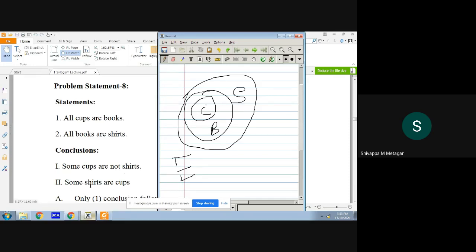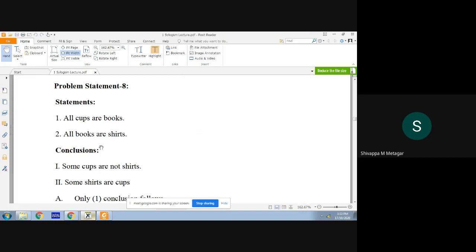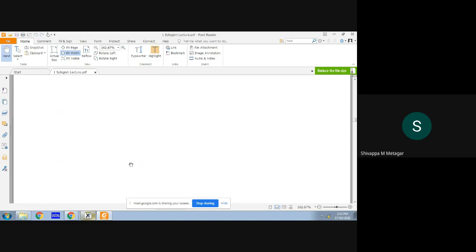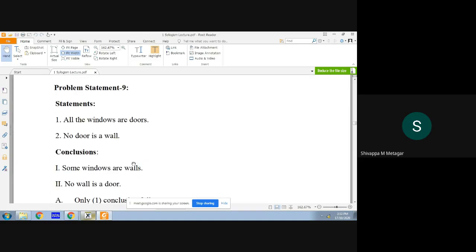And the second one, some shirts are cups. Some shirts are cups. Again, it is also no. What is your right answer? Here, only the second statement can conclude the right answer. Okay. Next one.